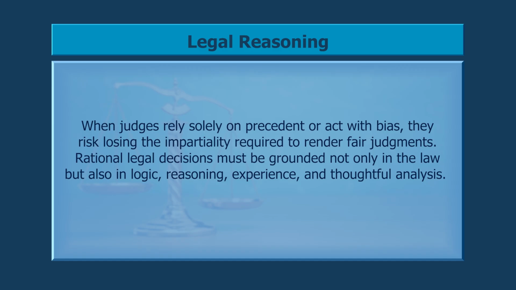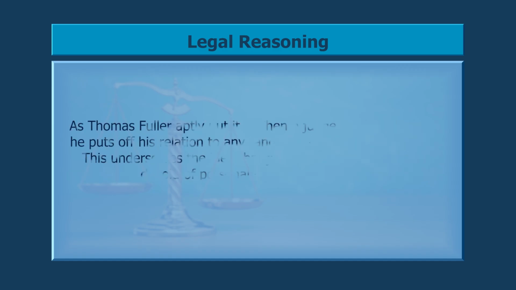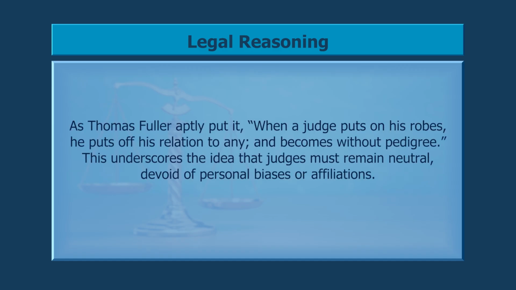Rational legal decisions must be grounded not only in the law but also in logic, reasoning, experience, and thoughtful analysis. As Thomas Fuller aptly put it, when a judge puts on his robes, he puts off his relation to any and becomes without pedigree. This underscores the idea that judges must remain neutral, devoid of personal biases or affiliations.